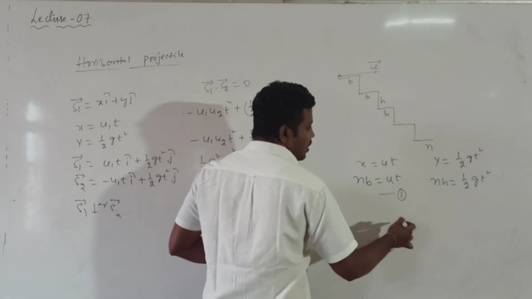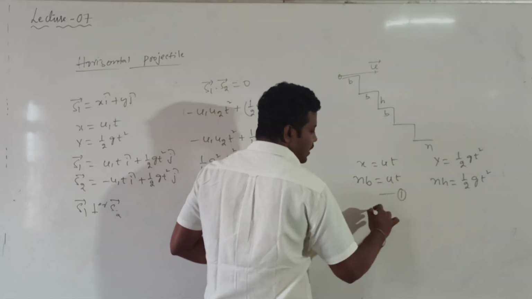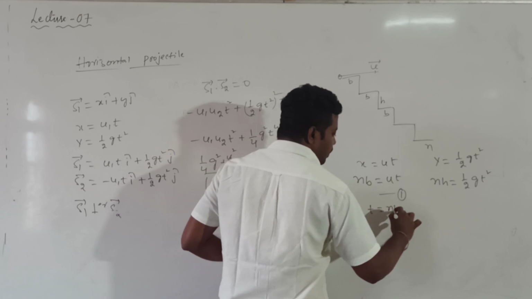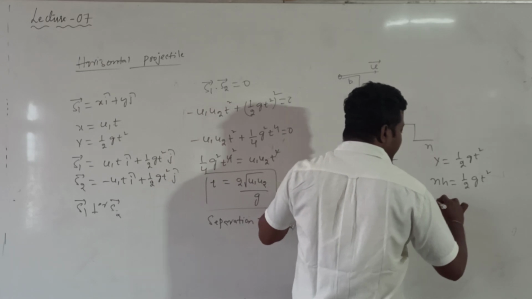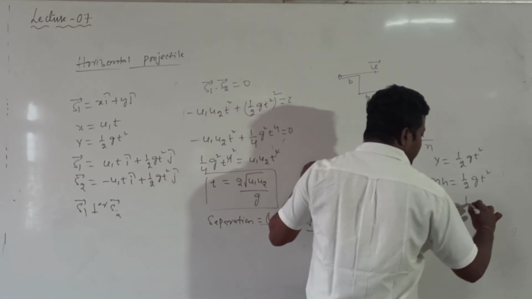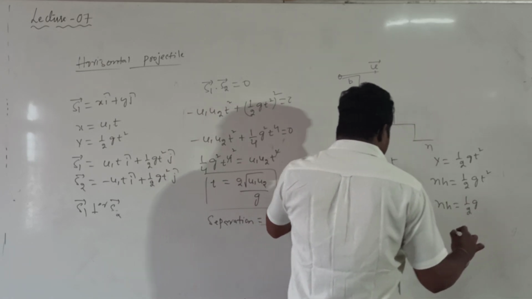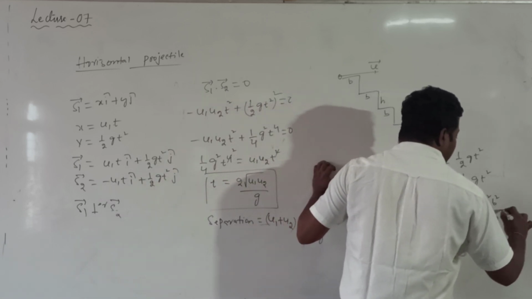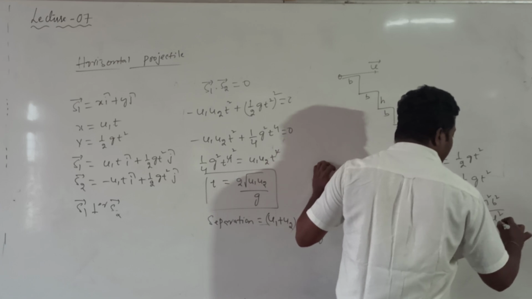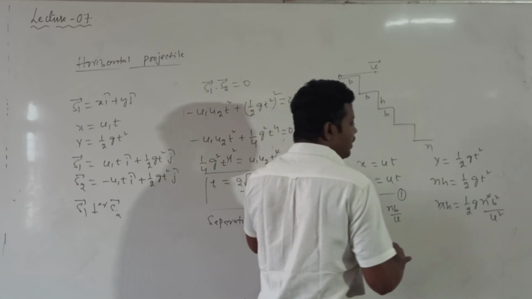Can I substitute? So what is the value of t? T value is equal to n into b divided by u. I will substitute the t value there. Then what I will get? N into h value is equal to half into g. So what about t square value? N square into b square divided by u square. Right? So what happens? N and n cancel.